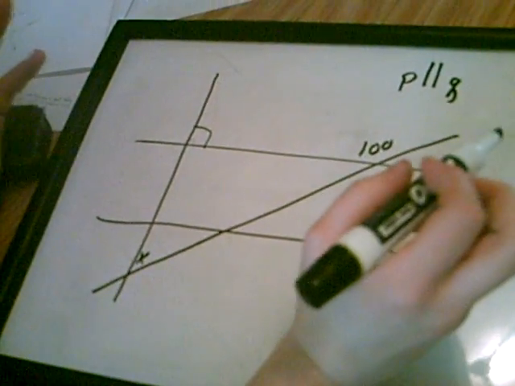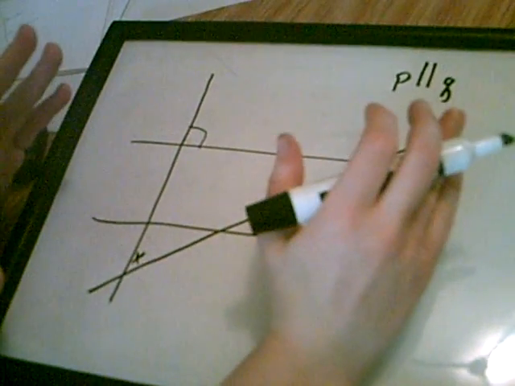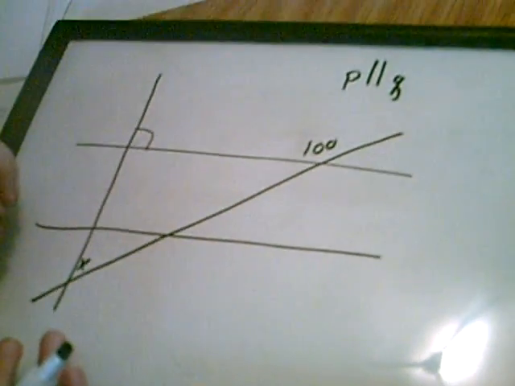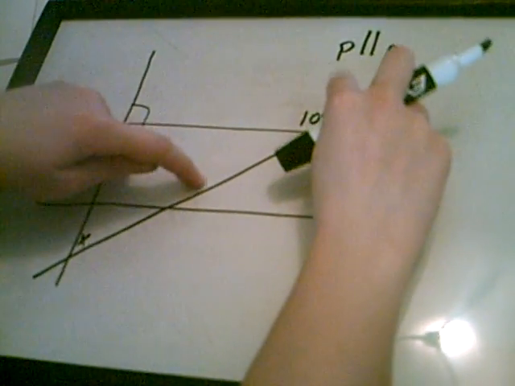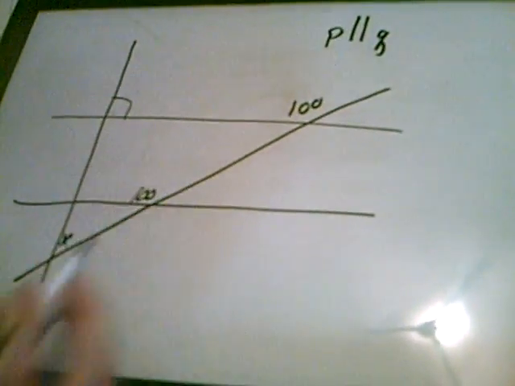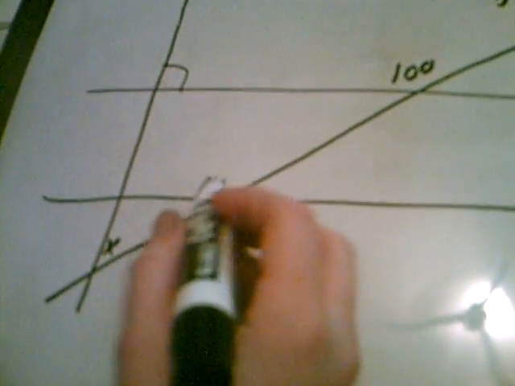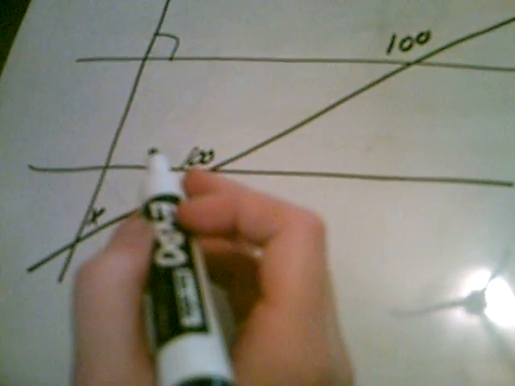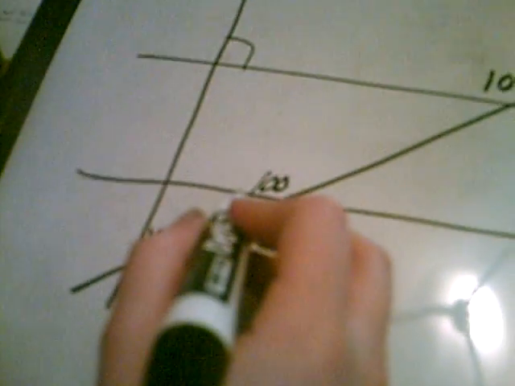So if we just fill in the ones that we know, then we can hopefully get a little closer. So first we'll look at this and say, hey, these two are corresponding angles, so we know those are congruent. And now we're quite a bit closer to X. And we know that these two are a linear pair from chapter 1 or 2, or section 1 or 2, I don't remember. So those have to equal 180 degrees.